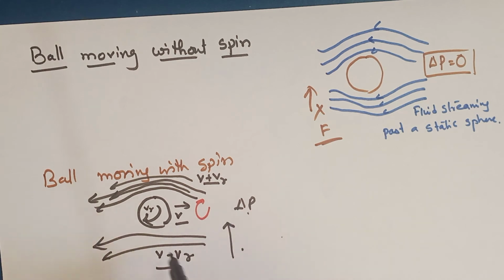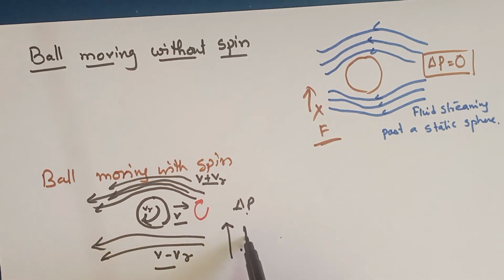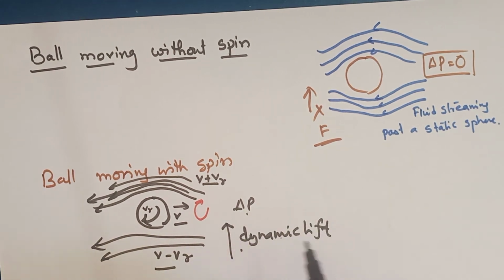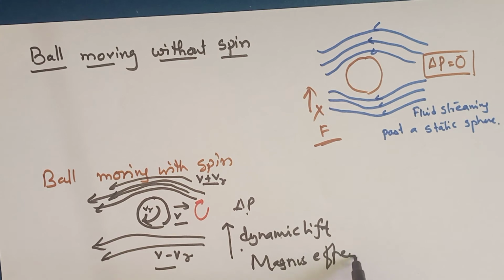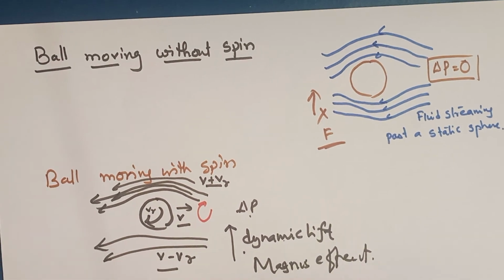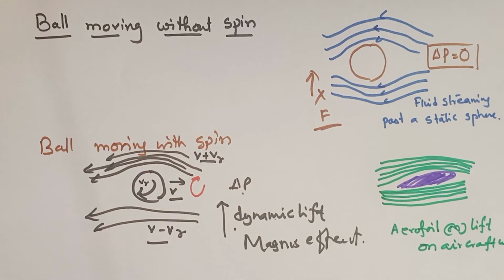This is the formula involved here. There is a net force applied, called dynamic lift, and this effect is called the Magnus effect.